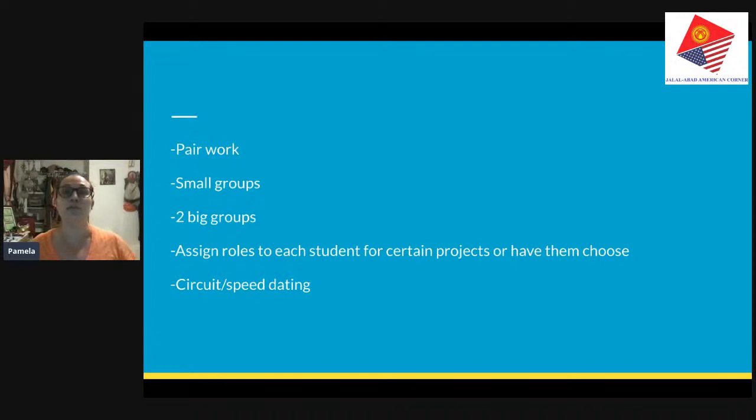So you can either put all of the weak students in one circle, or you can mix them up. So that's a really fun thing to do. And you don't just tell them to talk, but you have certain questions that you're supposed to go through. And you can put them on the board so they can refer to it.